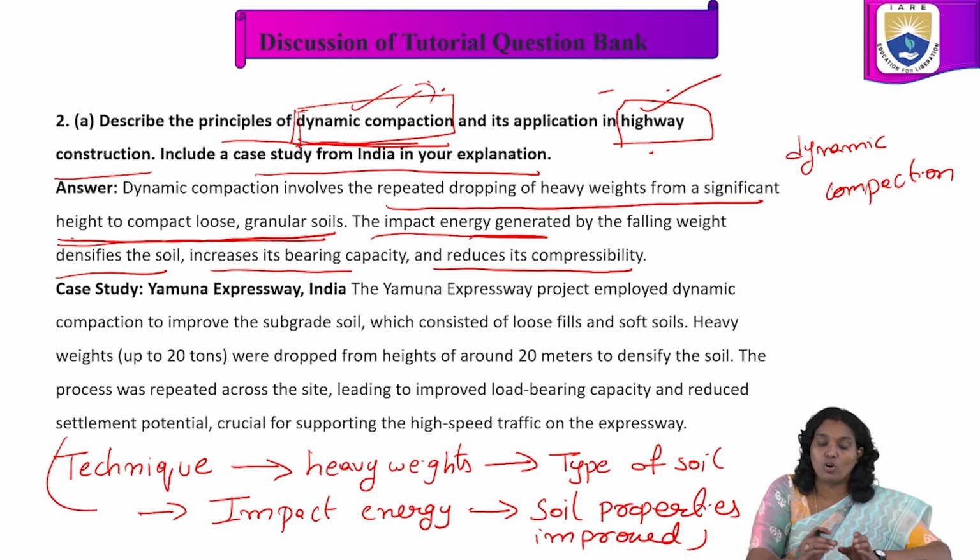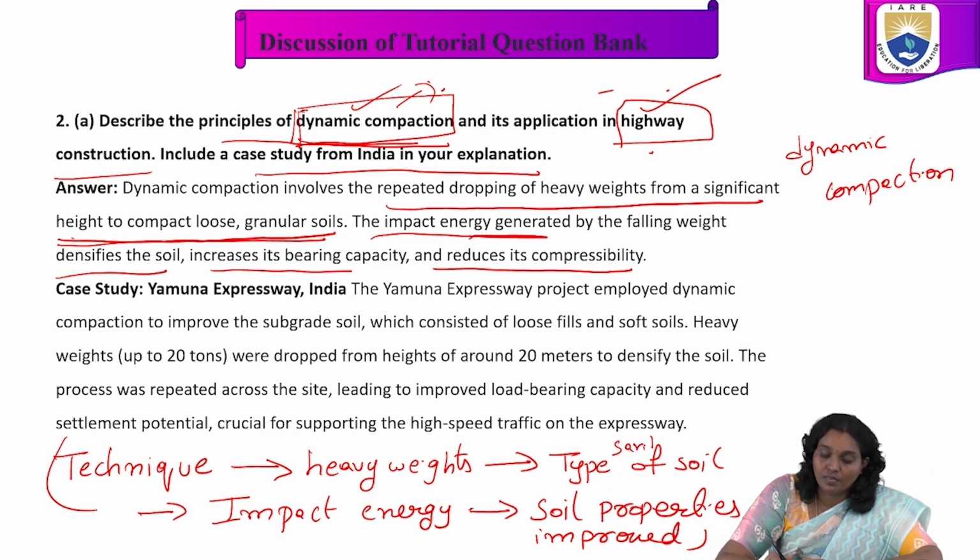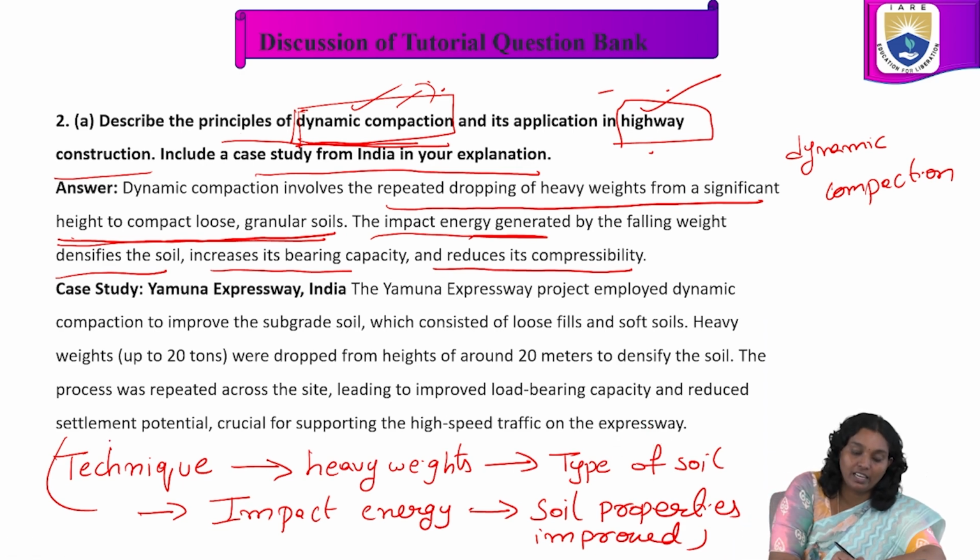With vibro compaction, because of the vibrations, the friction between the soil particles is reduced. This is for loose and sandy soils. I am writing this for vibro compaction. The technique is vibro compaction.